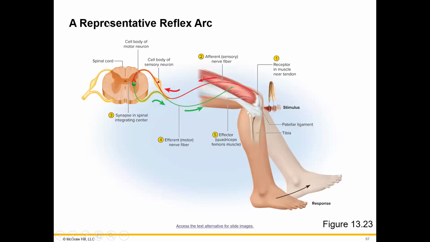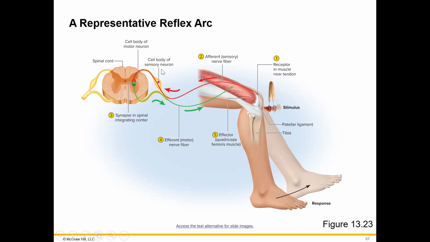So now let's look at the reflex arc of the patellar knee-jerk reflex. Number one, the receptor in the muscle near the tendon is stimulated by this hit. Number two, an afferent sensory fiber is going to carry this sensation to the posterior horn.